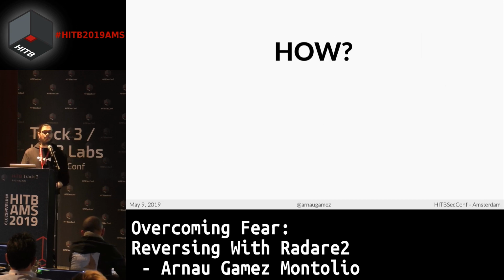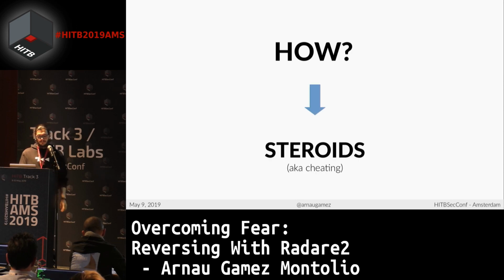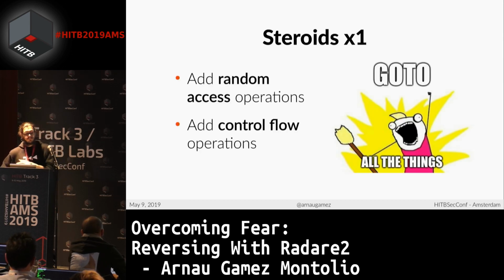So how can we do this? And the most obvious answer is the correct one, with asteroids. That's also known as cheating. Cheating basically means, okay, let's add our random access operations, and let's add control flow operations to ESIL.